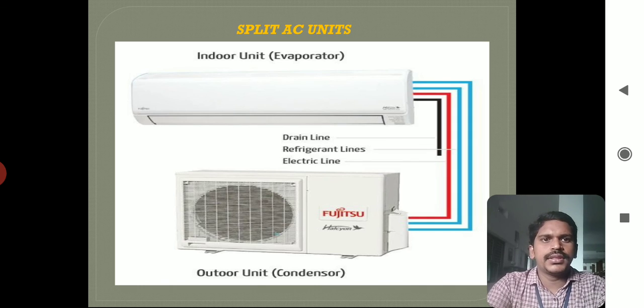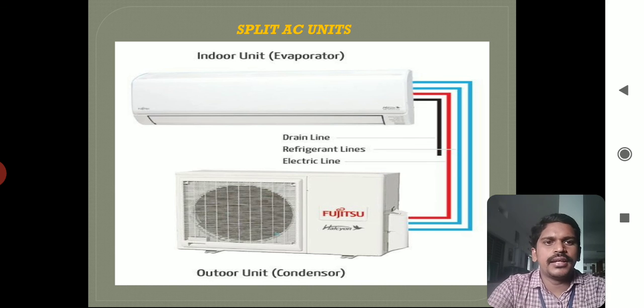You can observe the figure. There are two units: first one the indoor unit and second one the outdoor unit. A split air conditioning system has two units, the indoor and the outdoor.